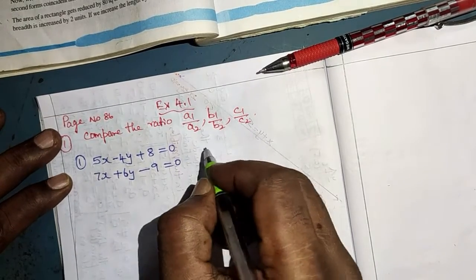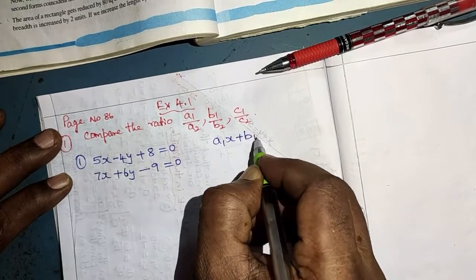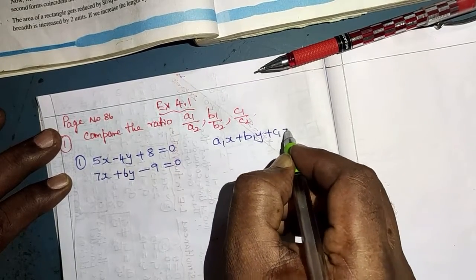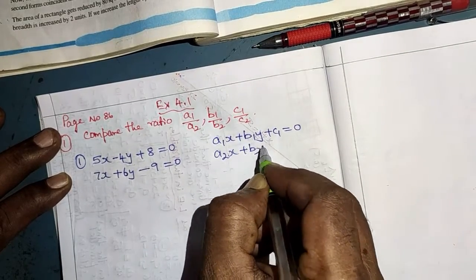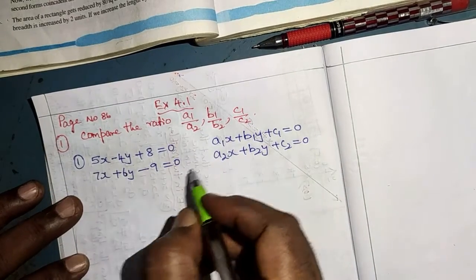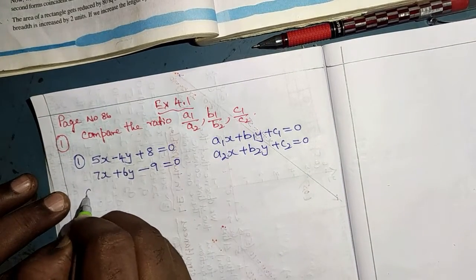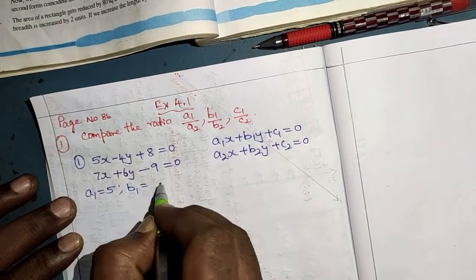Now let us compare these equations with the general equations a1x plus b1y plus c1 equals 0, a2x plus b2y plus c2 equals 0. What is a1 in the first equation? a1 is 5.